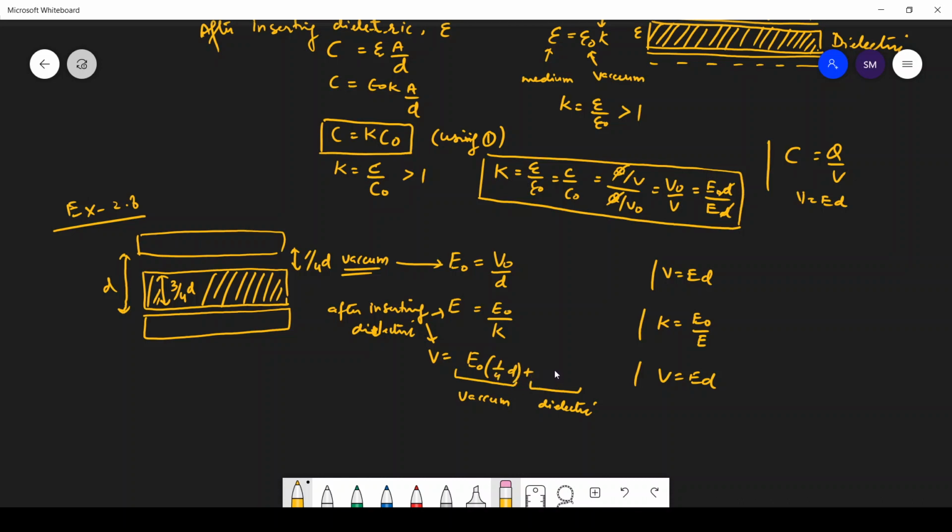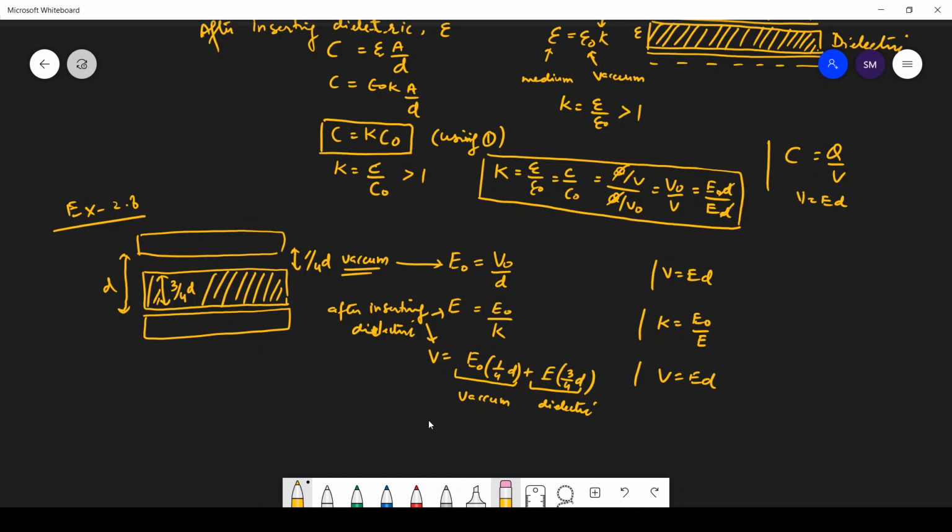Plus, now the contribution due to the dielectric in the potential difference between the plates of the capacitor. So what is the electric field here? This will be E, into, how much is the distance? It is 3 by 4 D.